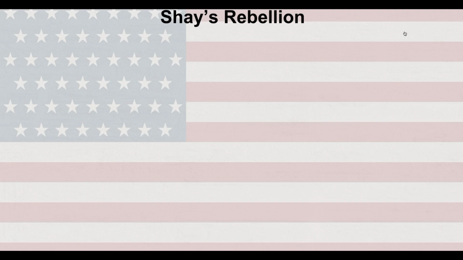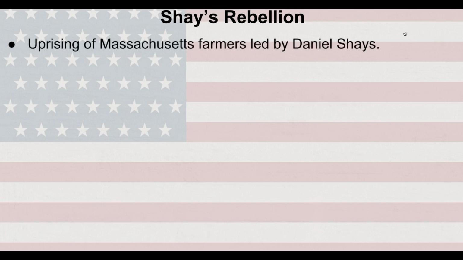Shays' Rebellion is an uprising of farmers in Massachusetts led by an individual named Daniel Shays. These individuals were farmers who had fought during the Revolutionary War and had been promised that they would not be responsible for the taxes on their farms while they were fighting in the war effort.